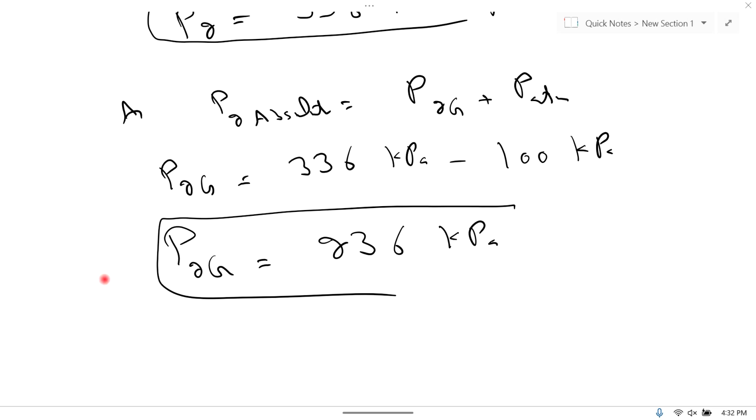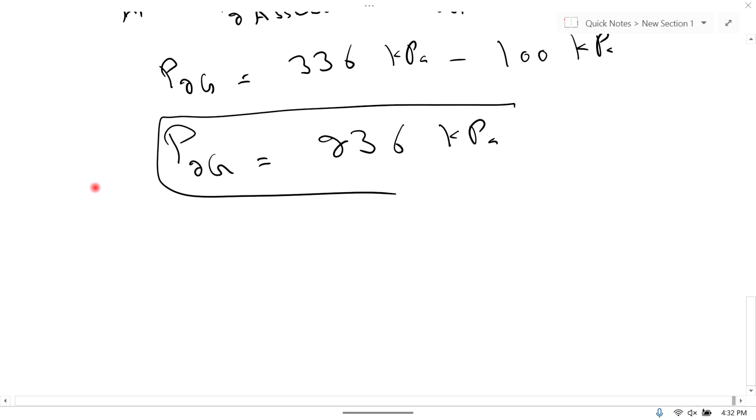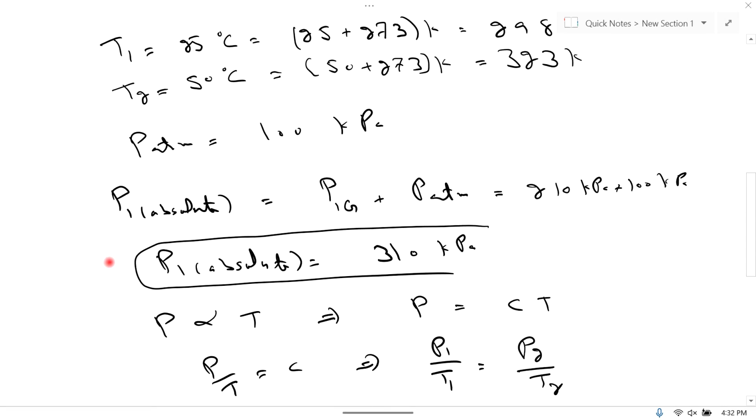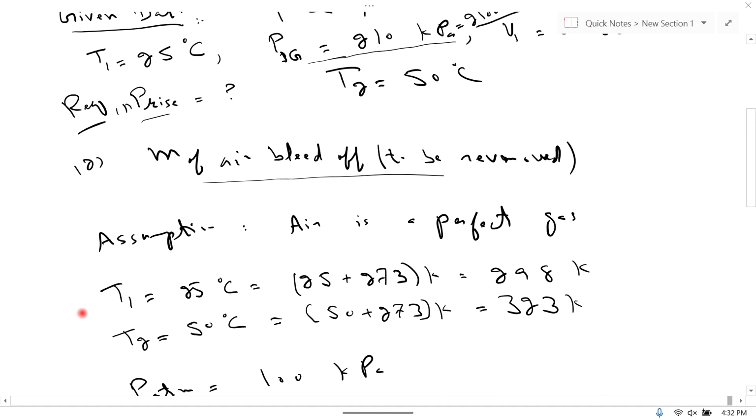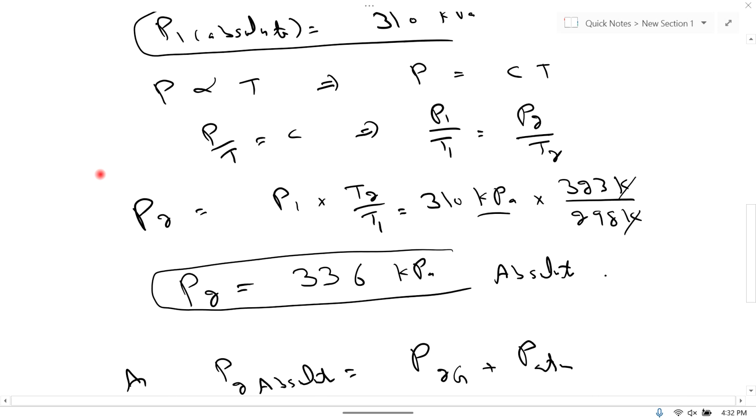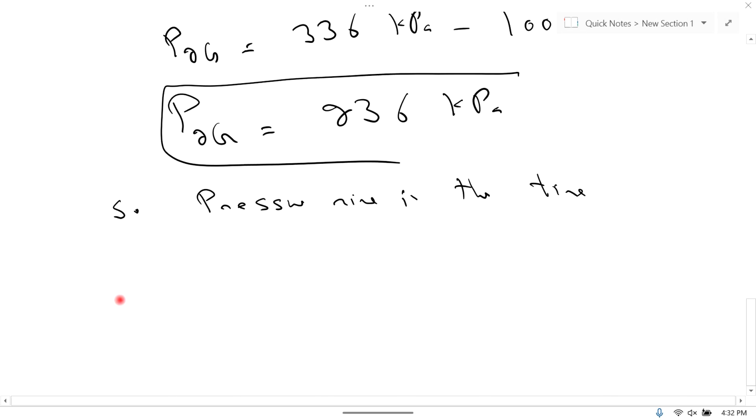Now we have to find the pressure rise in the tire. Initially the gauge pressure P1 gauge was 210, and finally the gauge pressure is 236.